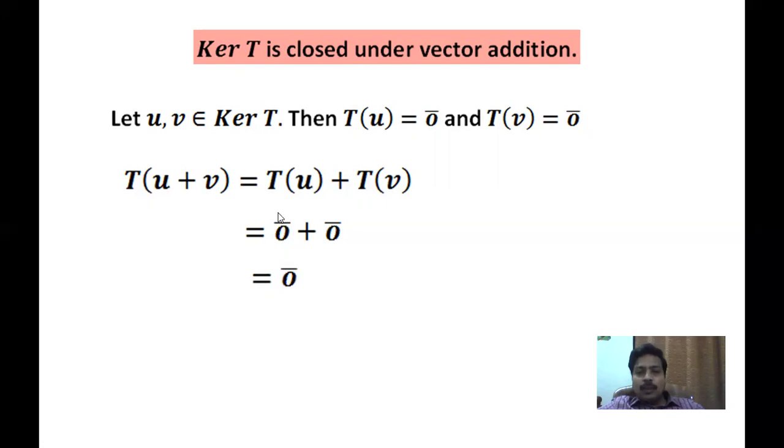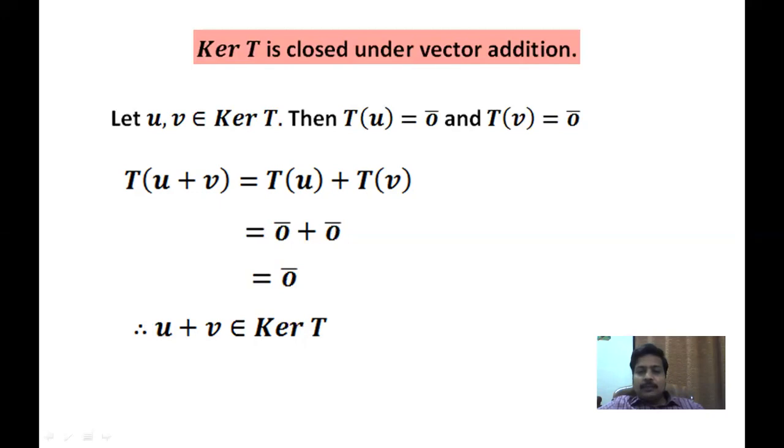O bar is the zero vector in W, so adding it twice will result in the zero vector O bar again. So T of u plus v is equal to O bar. That implies u plus v is also mapping to O bar, the zero vector in W. So u plus v is also in kernel T.